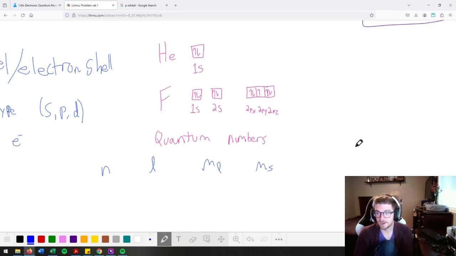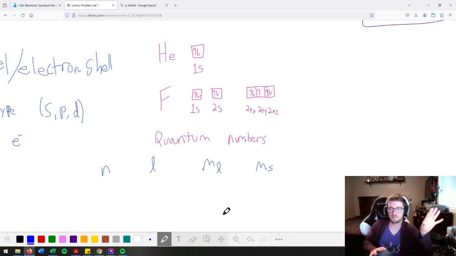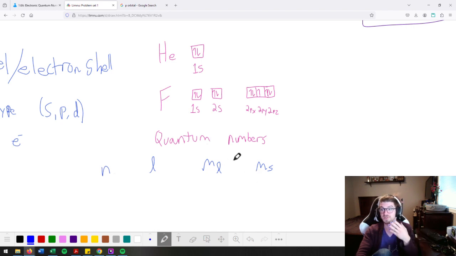Now, it's not super important what these terms actually mean, because these numbers n, l, ml, and ms are all variables in the Schrodinger equation. Depending on what each of these numbers is, the Schrodinger equation gets solved to be a different shape or size or orientation of an orbital.